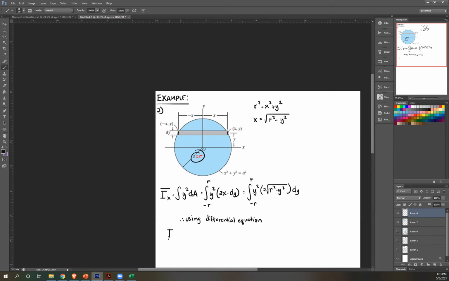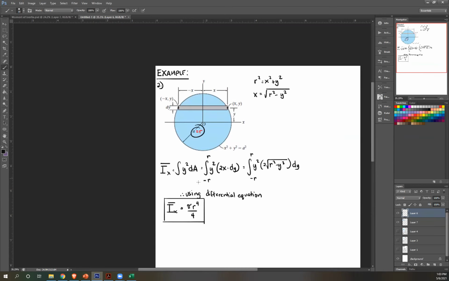Ix bar is equal to pi r raised to 4 over 4. Don't worry, in your exam, I won't have you solve for these. This is just deriving equations for moment of inertia for simple shapes.